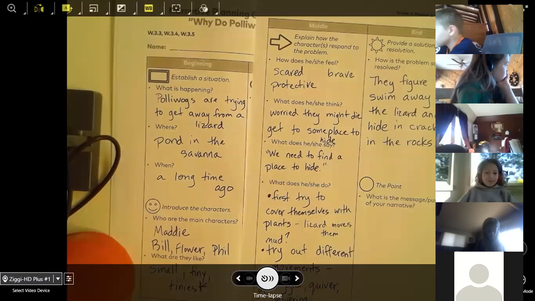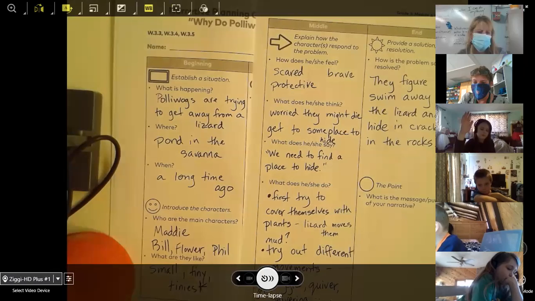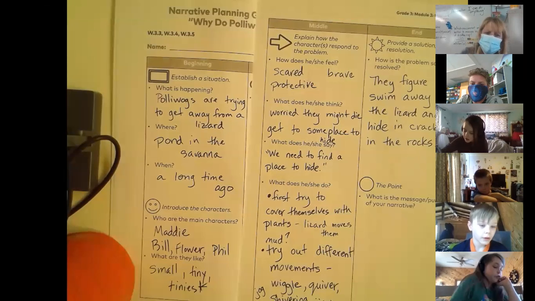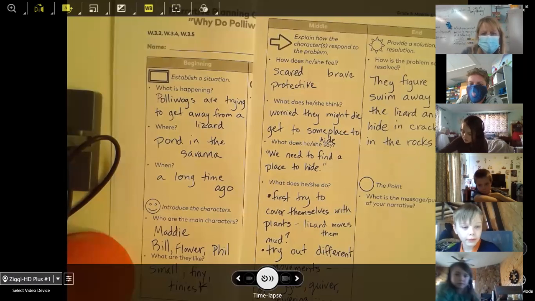Anybody at home have anything they wanted to add to our plan? I'm looking for, so I see some good writing there going on. Jensen, any ideas you want to add to our plan? Isabella, any ideas you want to add to our plan?